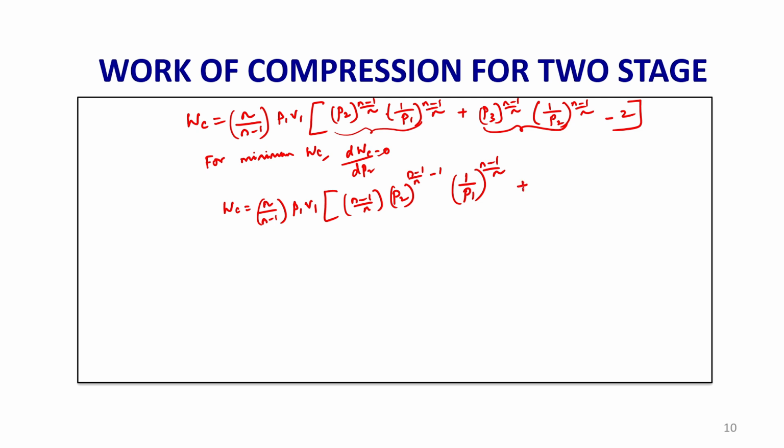Then plus this term will remain the same, P3, n minus 1 by n into 1 by P2, 1 by P2 to the power of n minus 1 by n.